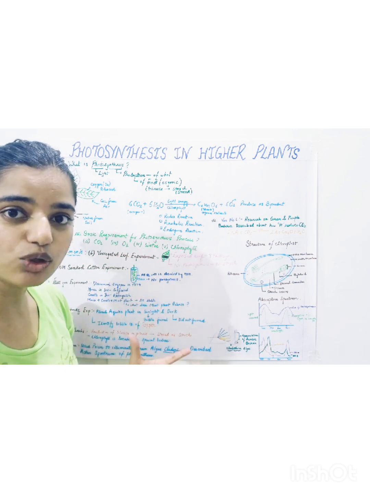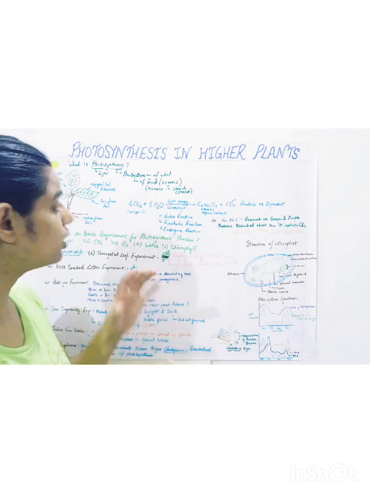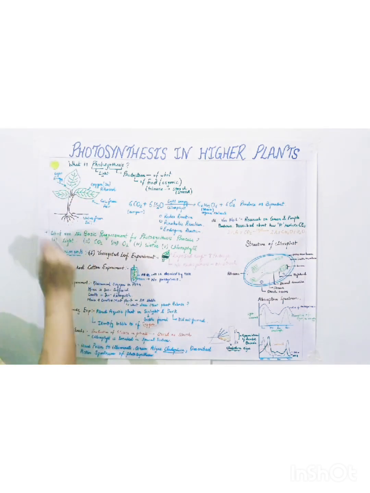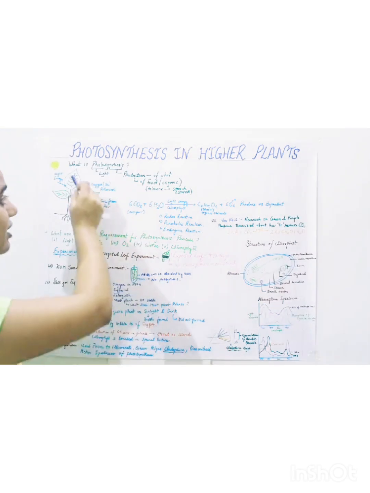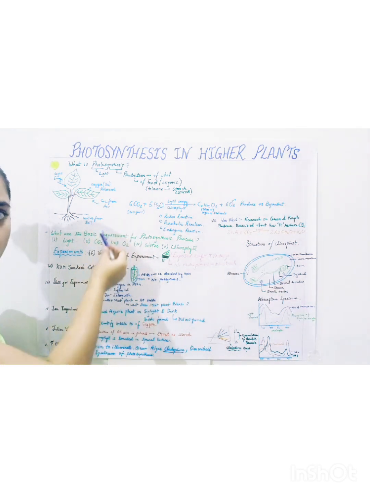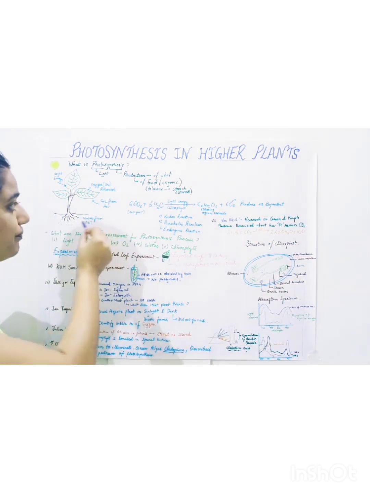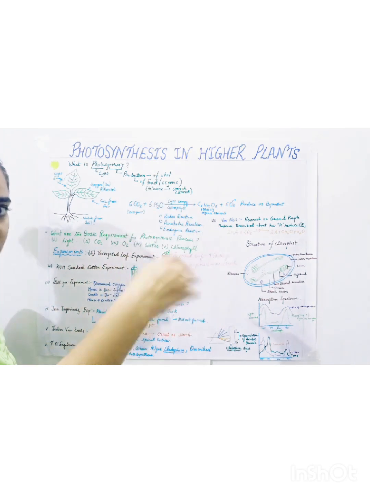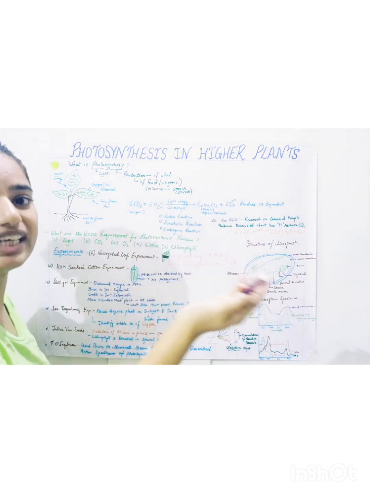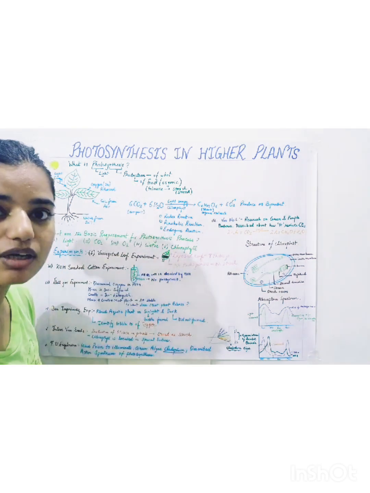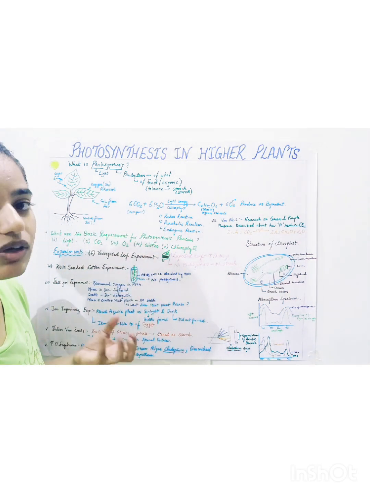And how are they doing the process of photosynthesis? Simply, we can see here a plant which is utilizing the light energy from the sun, CO2 from the air and water molecules from the soil, and then doing the process of photosynthesis. In a further video we will learn the detailed process, and they release a byproduct in the form of oxygen.